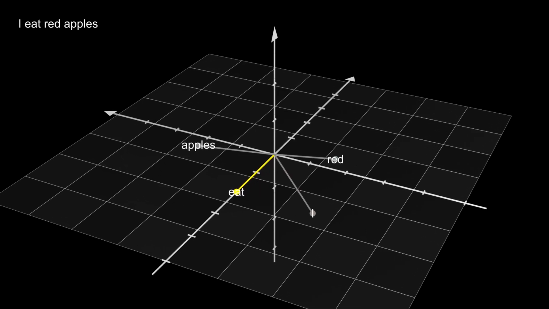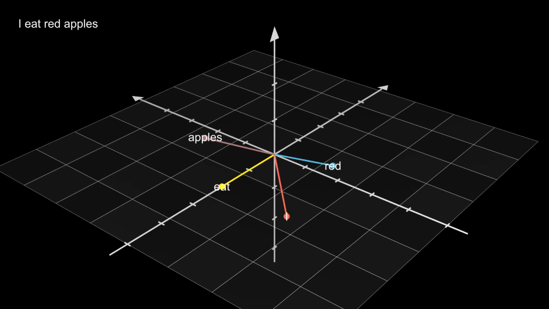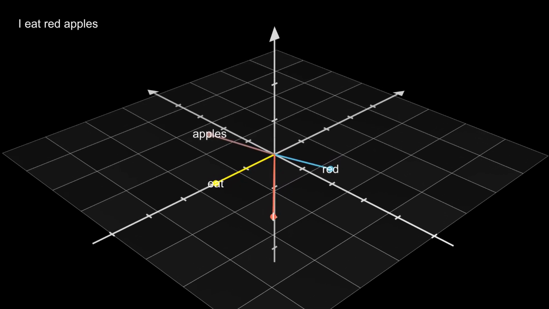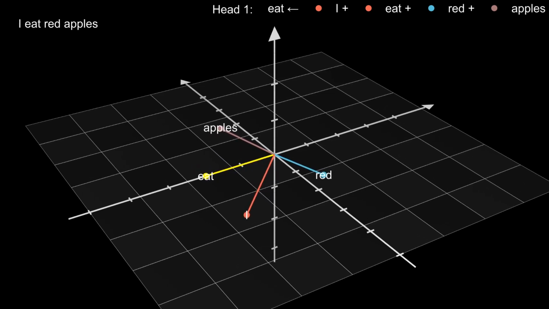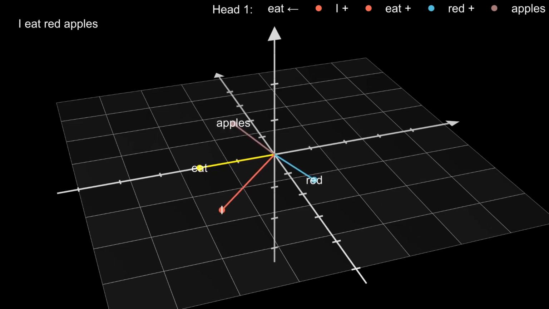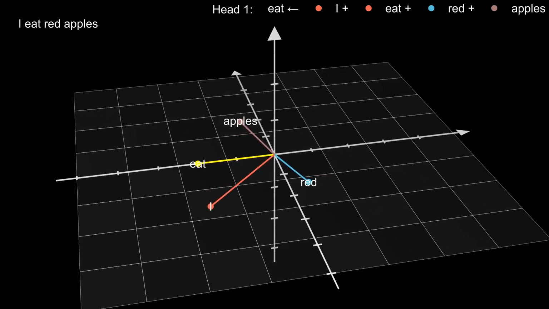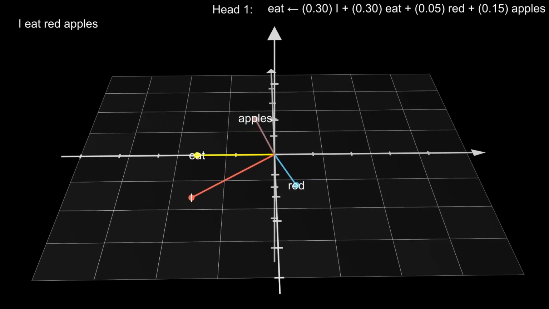By computing dot products, we can see which words are similar to eat. We can re-represent the word eat by taking a linear combination of all the words, weighted by their similarity to eat. In the paper, the actual coefficients used were softmaxed values of the dot products, which had been scaled by 1 over square root of the dimension of the vectors.